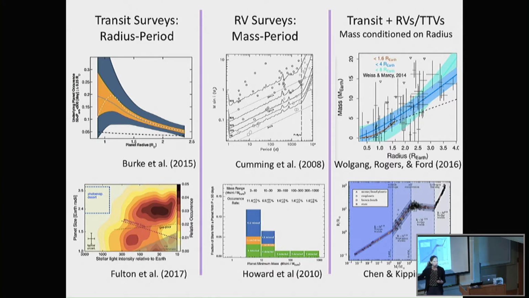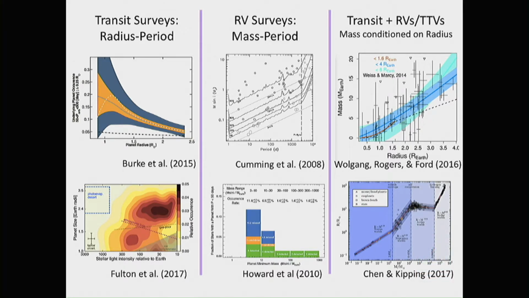The slides would go way into the basement if I put a figure from every relevant paper. Radial velocity surveys, of course, give you constraints on the period and mass distributions of planets. And then by combining radial velocities, transits, and transit timing variations, there have been studies of the mass-radius distributions of planets in the mass-radius plane.